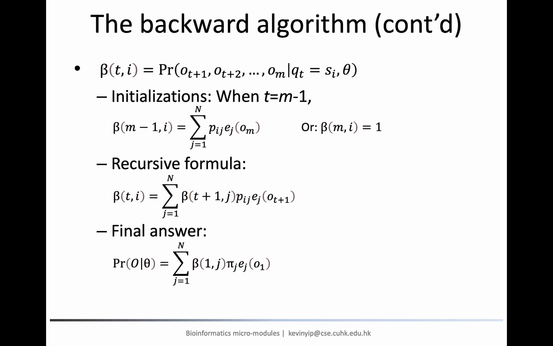According to the definition of the beta table, we should not really have a row for t = m, since we do not actually have observation m+1, and thus the entries in row m are not defined. However, you can verify that by filling the constant value of 1 to this extra row, we can compute all other entries of the whole table using the recursive formula alone without the need for the initialization formula at all. You can choose to initialize the beta table in either of these two ways.